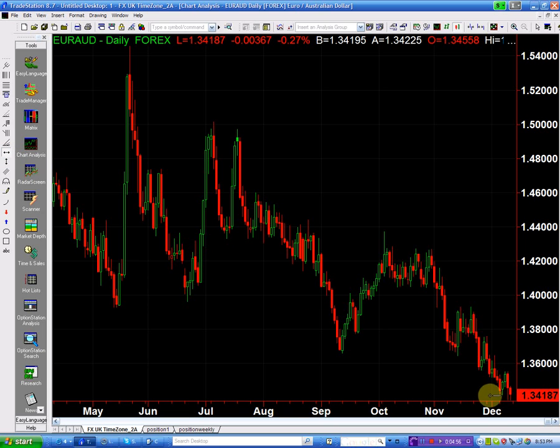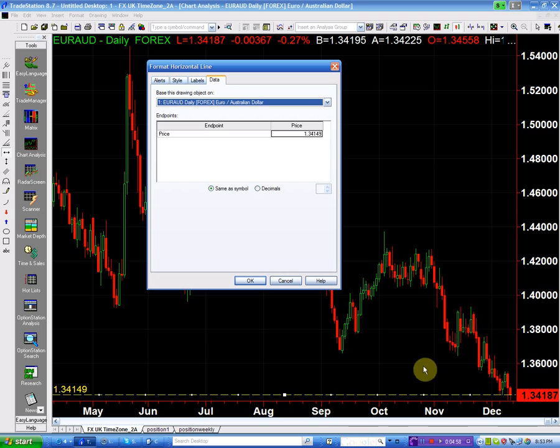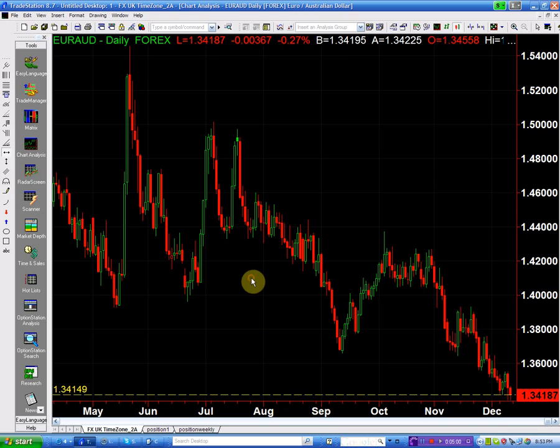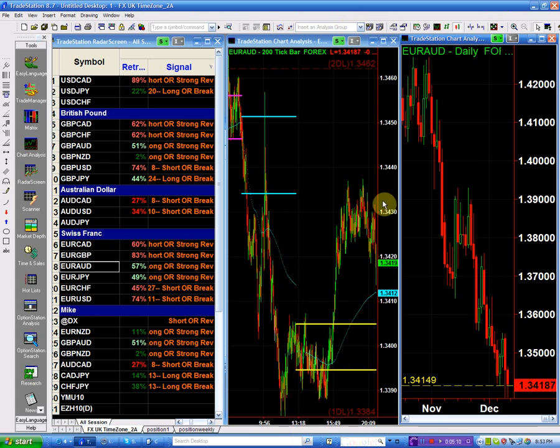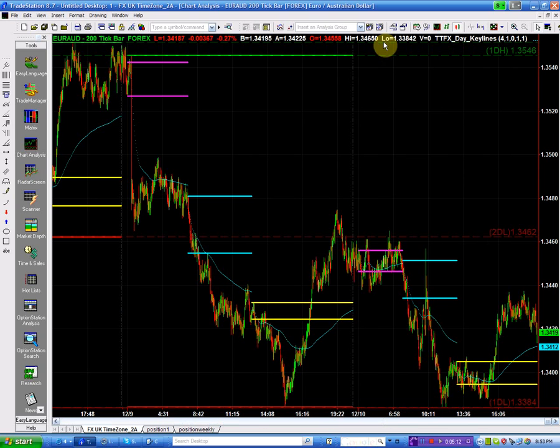Any guy that wants to take this trade, you want to take it short below 134. Let's see the intraday. Actually, on the intraday, you want to take it short below 133.84.